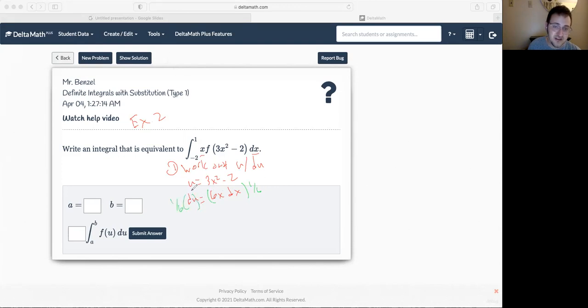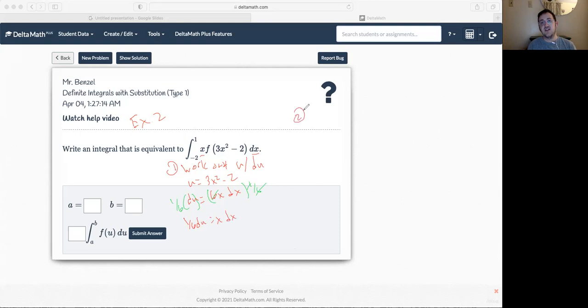So that's something that's always helpful. Then after that, you get that canceling going on. 6 times 1/6 nicely cancels things out. So I have that 1/6 du is equal to x dx.